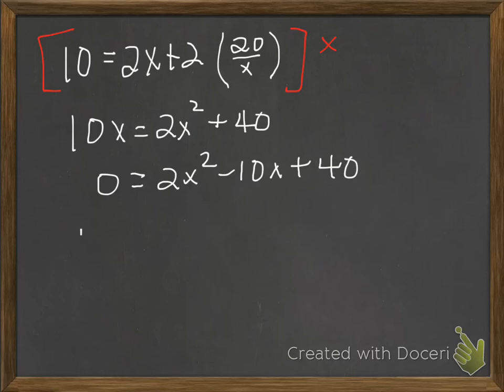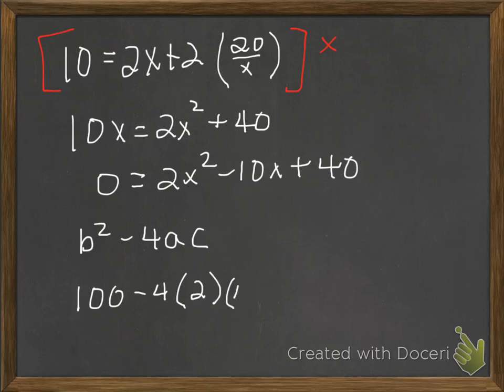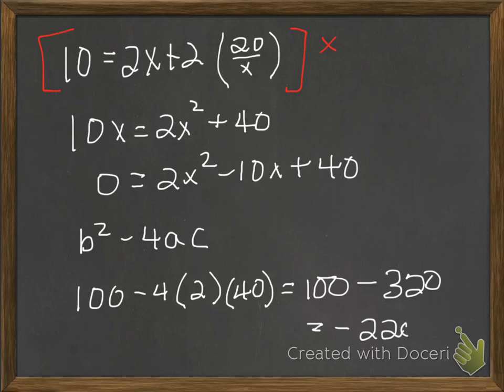The discriminant is b squared minus 4ac. b squared, negative 10 is b, so we get 100, minus 4 times a, which is 2, times c, which is 40. So we get 100. 4 times 2 is 8. 8 times 40, 320, minus 320. 100 minus 320 is a negative 220.